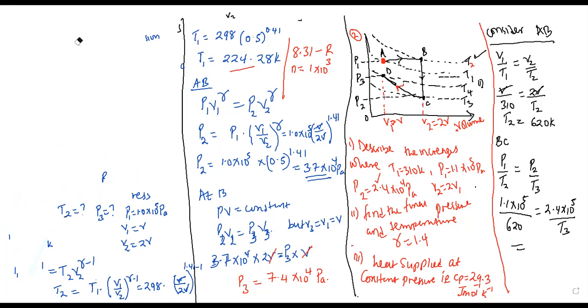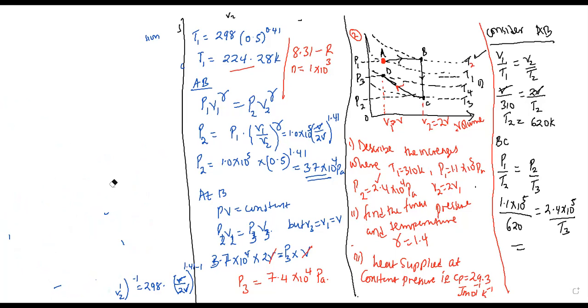You get 1.35? 1.35. 1 point what? 1.35. 135 or 1.35? 1.35. Supposed to be 135.27.